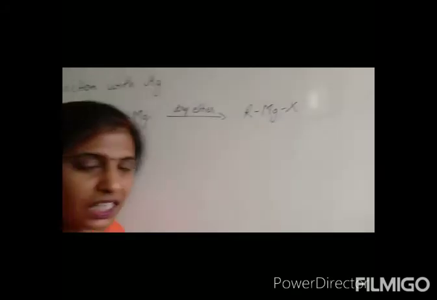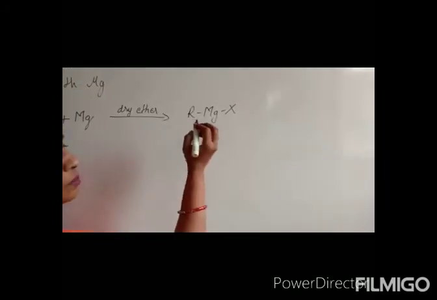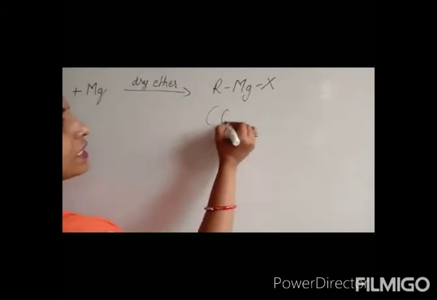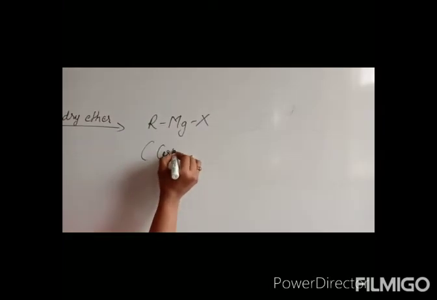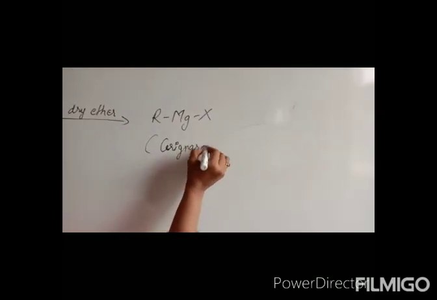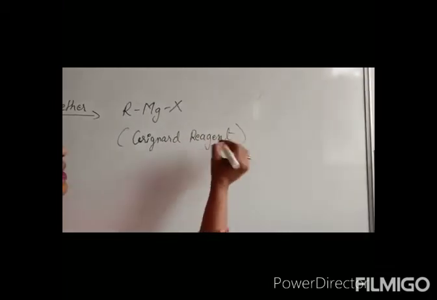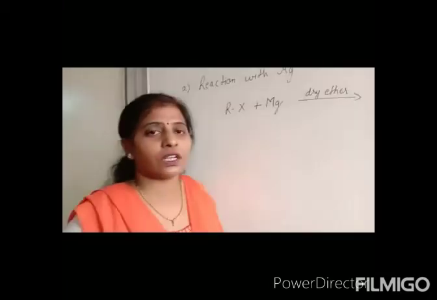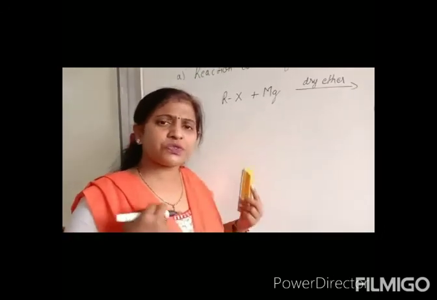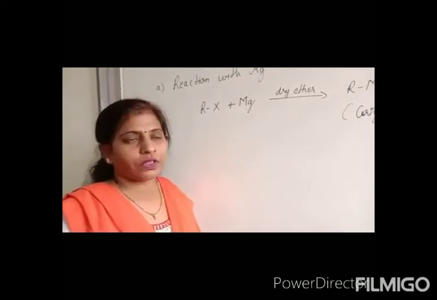The famous name of this group, alkyl magnesium halide, is Grignard's reagent. Very famous reagent, Grignard's reagent. And this Grignard reagent, students, is a very active compound, right?